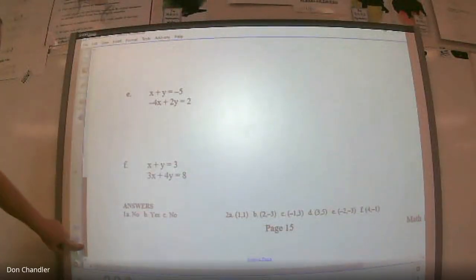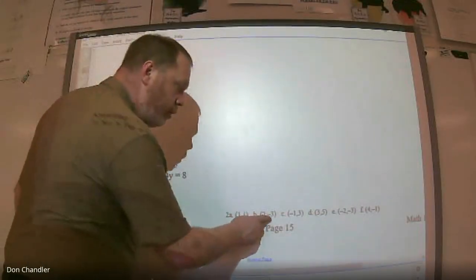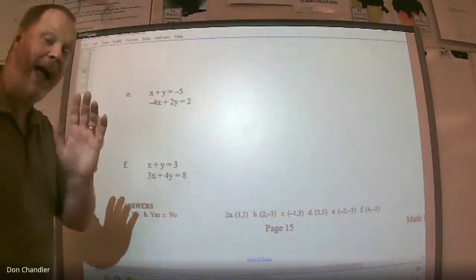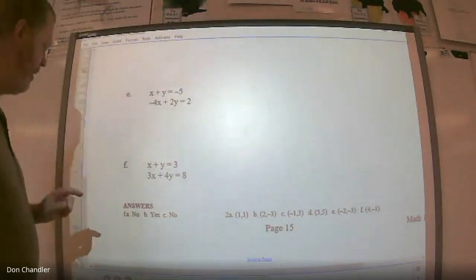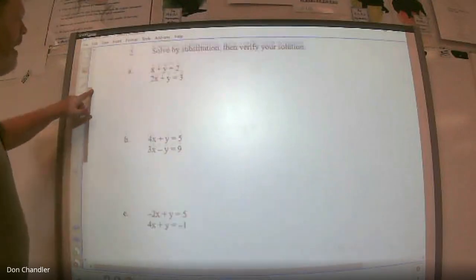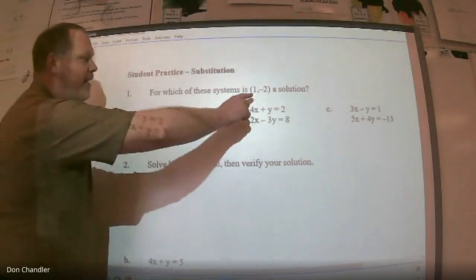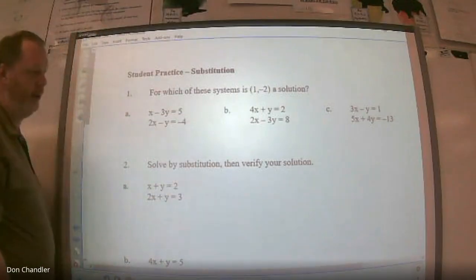page 15. Now, 15 only actually has 6 questions. I'm giving you half an hour to do 6 questions. Now, you might say to me, wait a second, what about these ones? Well, it simply says, is 1, -2 a solution?